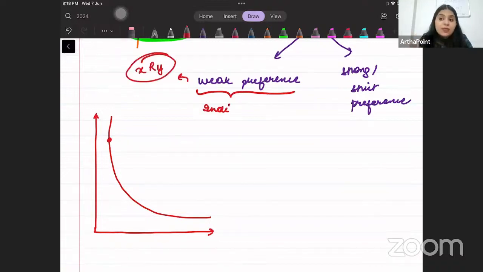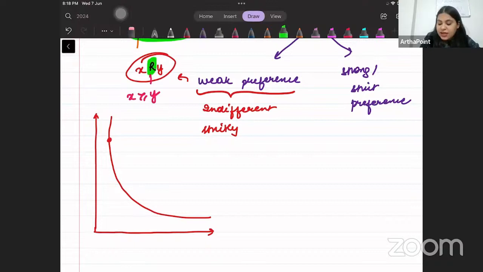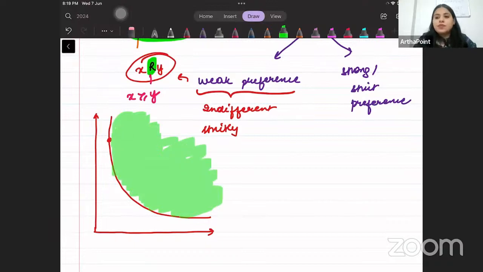So either you are indifferent between those points or you strictly prefer one point to another. R can be rewritten as this, which means my weakly preferred region will include all points on the IC and all points above the IC. This will be my weak preference region.